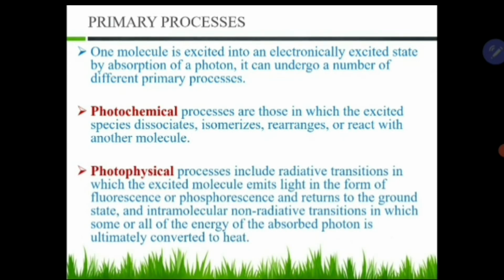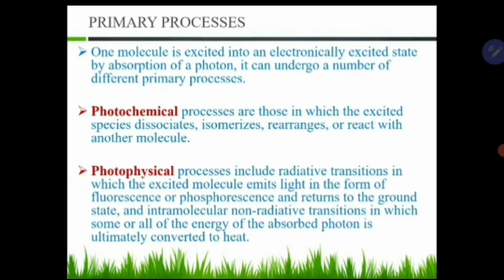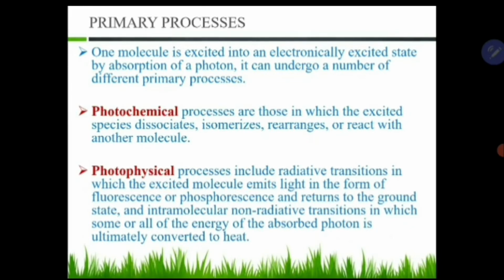A photophysical process includes the radiative transition, in which the excited molecule emits light in the form of fluorescence or phosphorescence and returns to the ground state. Then there is the intramolecular non-radiative transition, in which some or all of the energy of the absorbed photon is ultimately converted to heat.